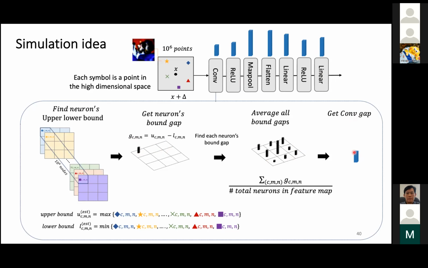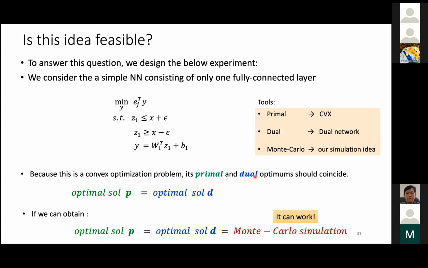But here is another question: can this idea work? Maybe it cannot work and it's not feasible. To answer this question, we design the following experiment. In this experiment, we consider a simple NN consisting of only one fully connected layer.